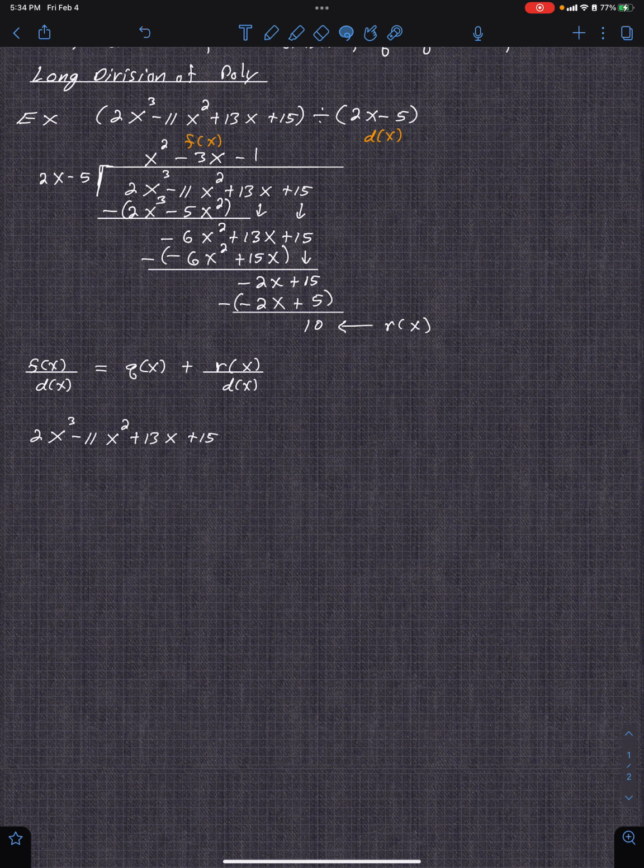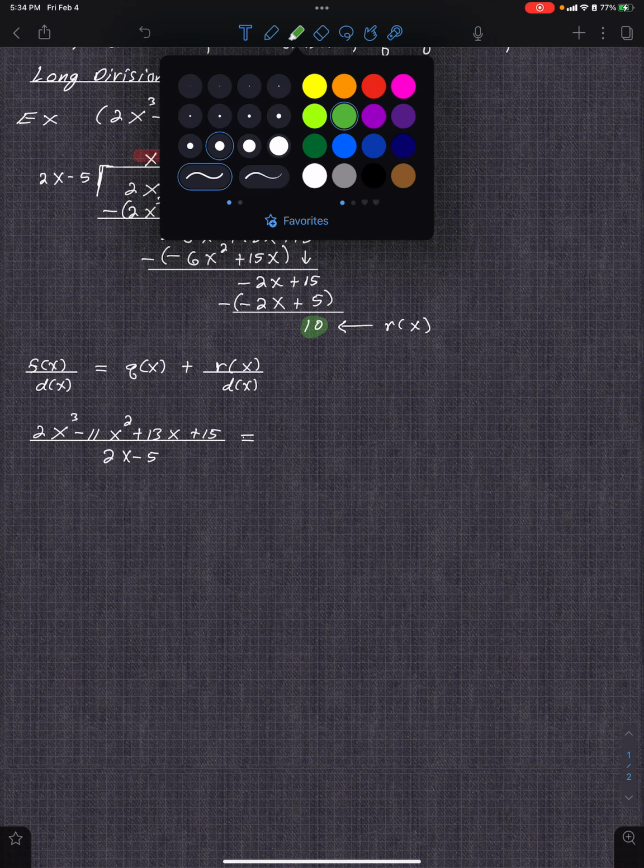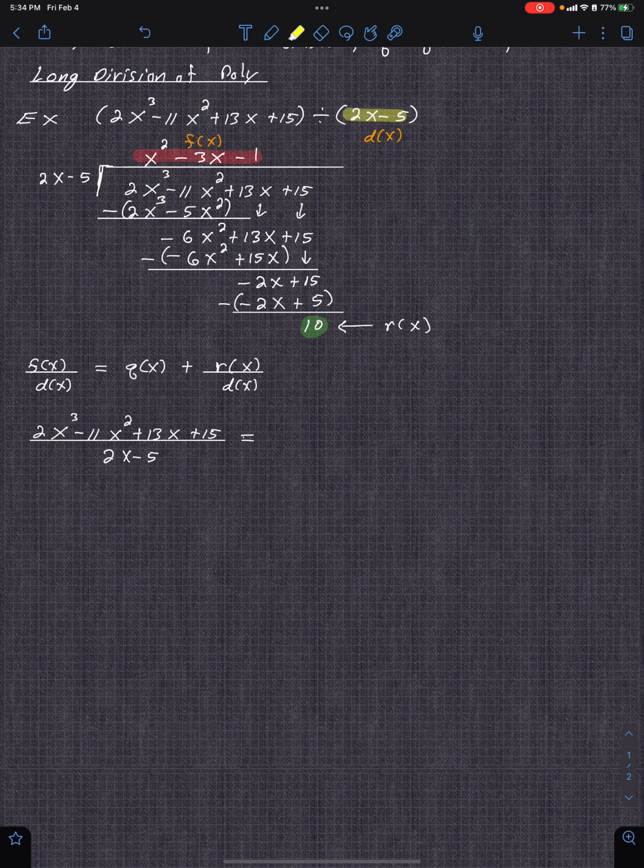You get f of x, and then it's over the divisor, which is the 2x minus 5, and then that equals the quotient. Well, the quotient is this. And then plus the remainder over the divisor.